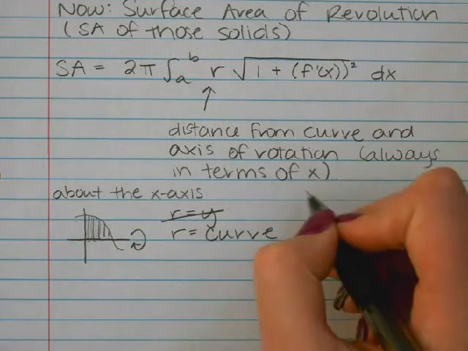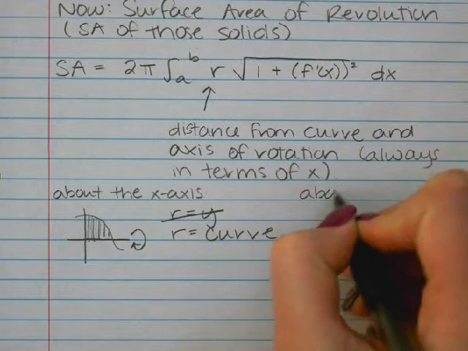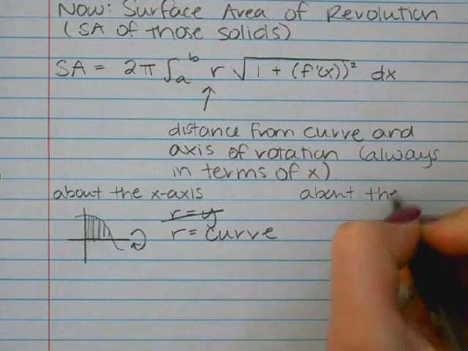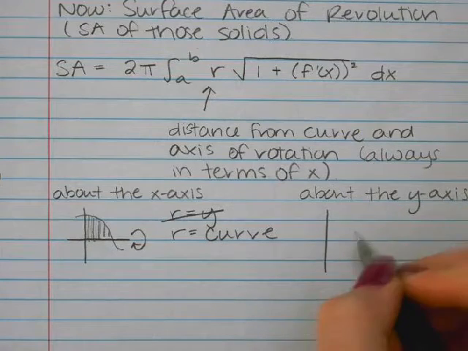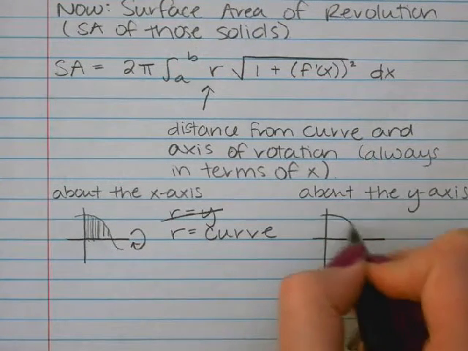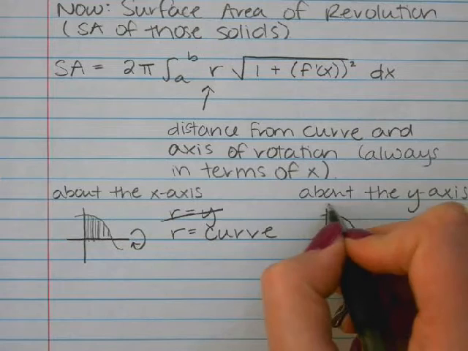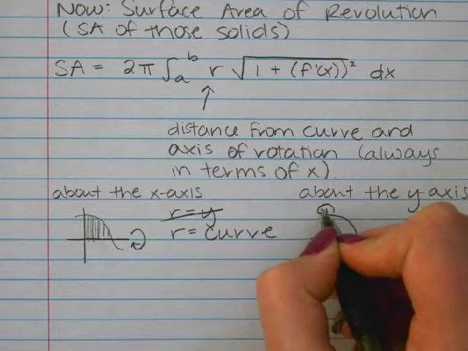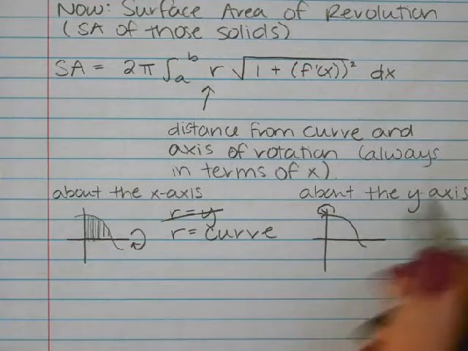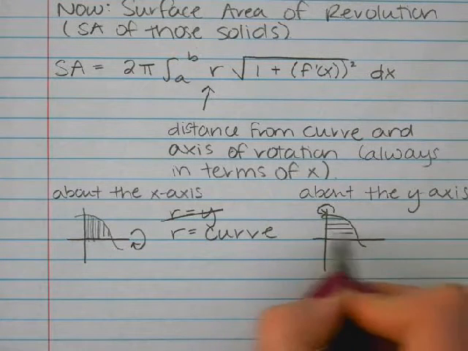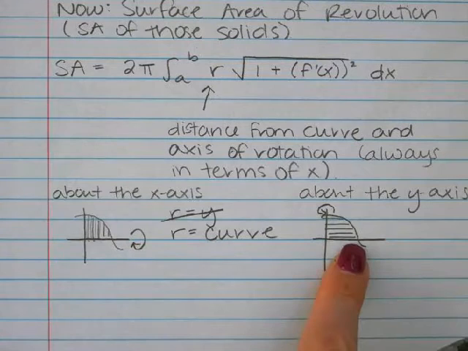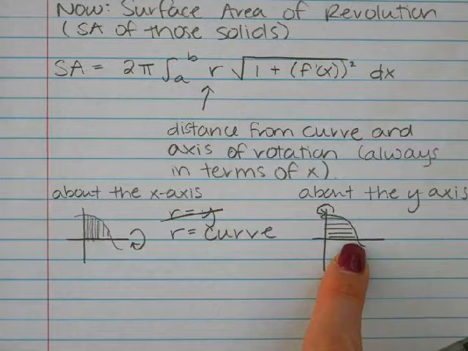And then over here we could have about the y-axis. So we're going to look at the same picture here, but this time we're going to rotate it about the y-axis. And now if you're looking at the distance from the curve to the y-axis, you can see that r is going to be the x value.